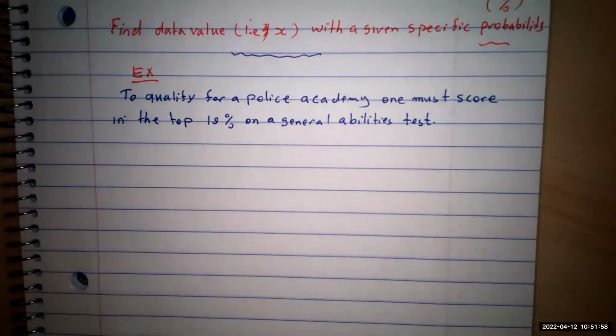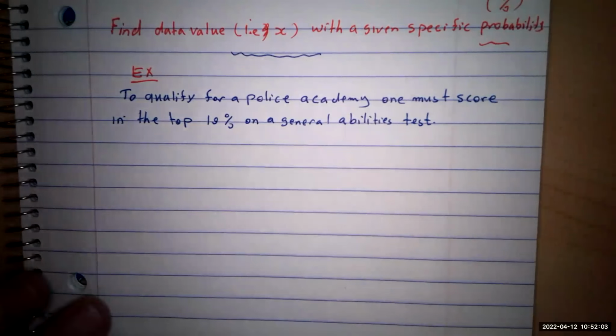So you are going to be accepted, or will qualify, if your grade is going to be in the top 10%.